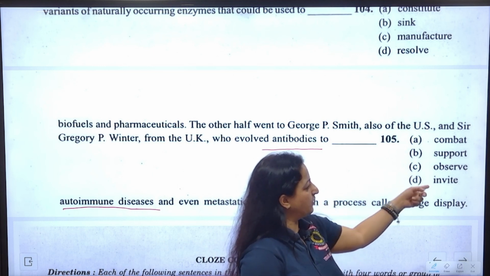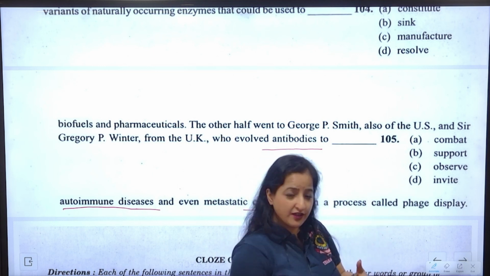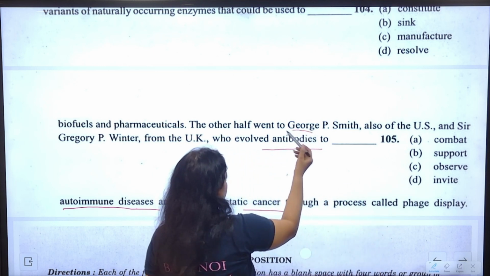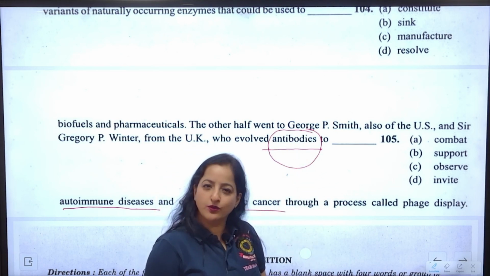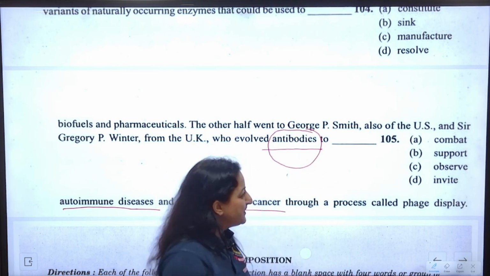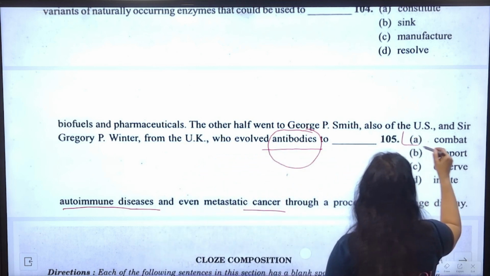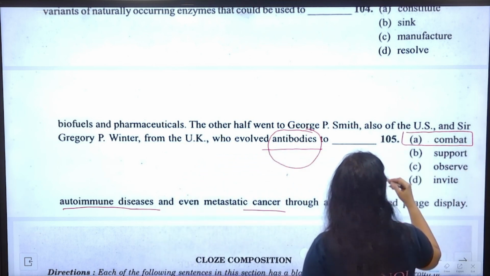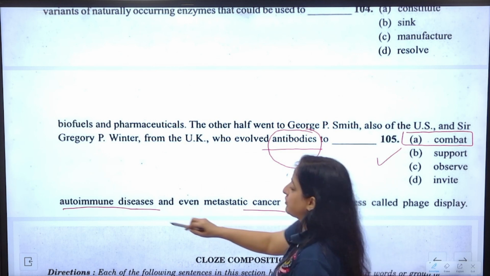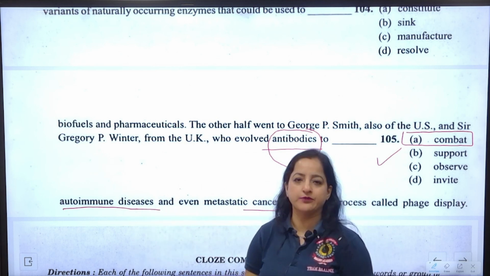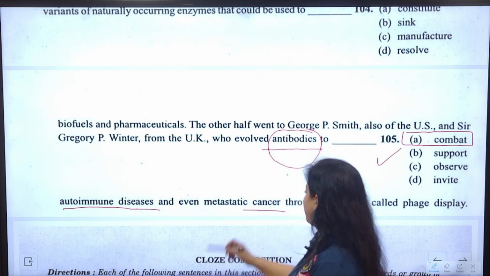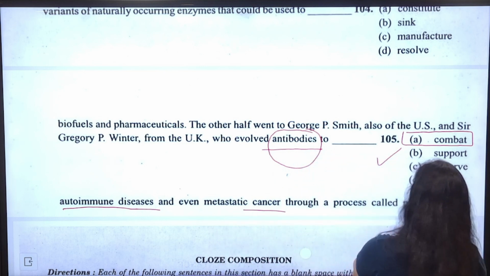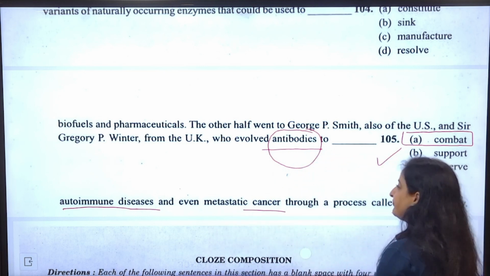Will they observe? Will they invite? What are they? Antibodies. वो anti ही काम करेंगे. Yes. So they will combat the autoimmune diseases because they are antibodies. उससे लड़ेंगे वो. Yeah. So, and even metastatic cancer through a process called as phage display.